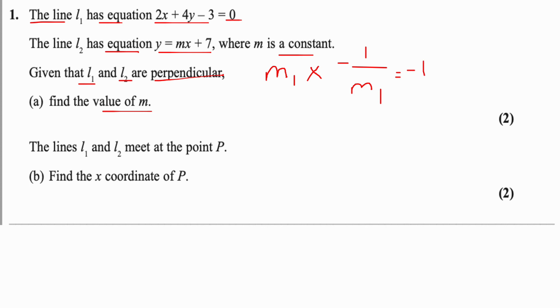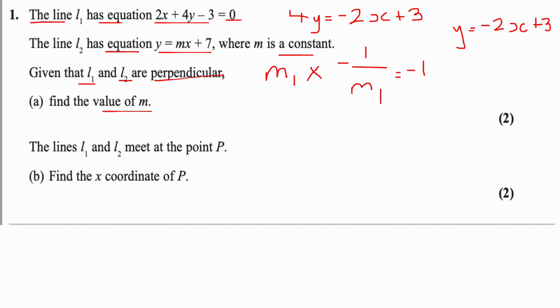Working out the gradient of L1, rearrange it in the form y equals mx plus c. Adding 3 to both sides and taking away 2x, I get 4y is equal to minus 2x plus 3. Dividing both sides by 4, we get y is equal to minus 2x plus 3, all over 4.